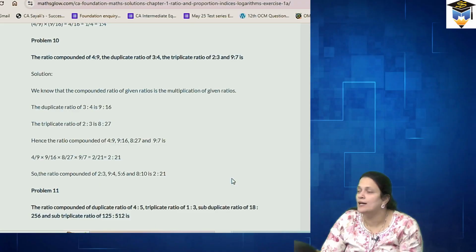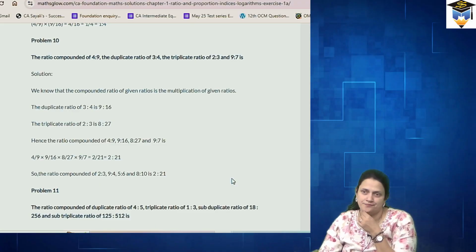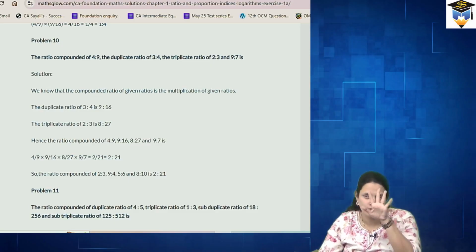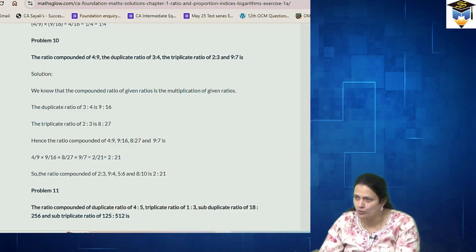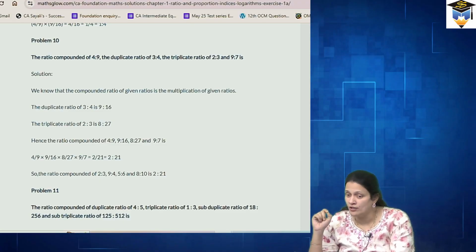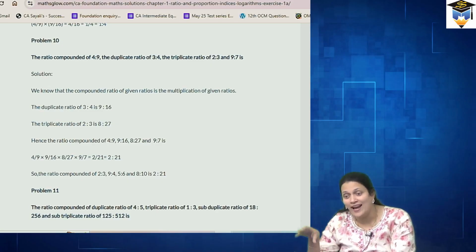Okay, so when we compound it, what you need to do is multiply. So 4/9 into 9/16 into 8/27. So the triplicate ratio of 2:3 and 9:7 — you don't have to take a triplicate ratio of 9:7, sorry. See what they have given: triplicate ratio of 2:3 and 9:7.